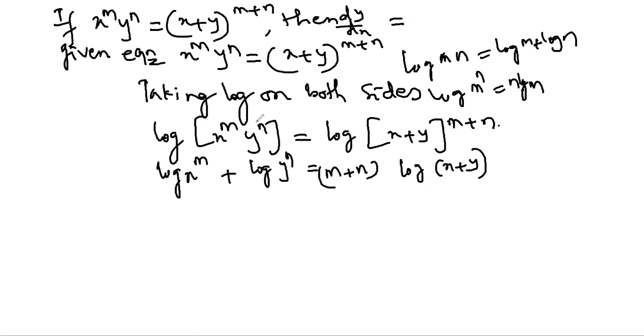So once again, log x to the m, applying the same property, is m log x, and here n log y is equal to (m plus n) into log of (x plus y). So it is the simplest form now.